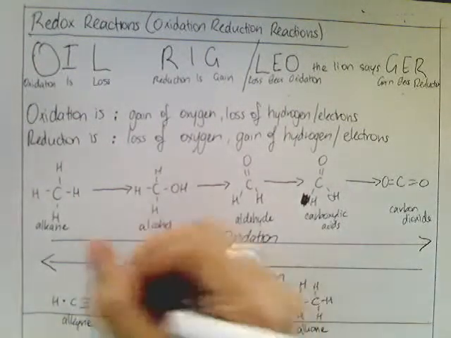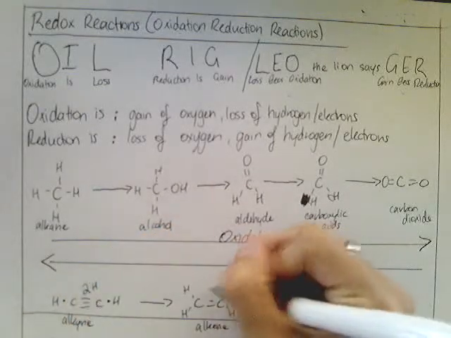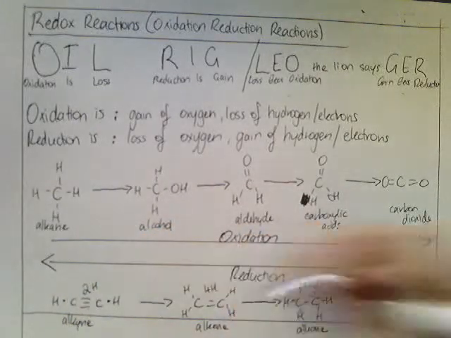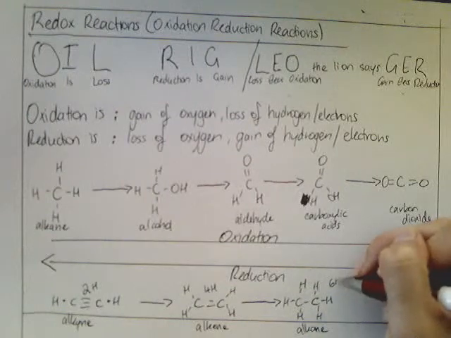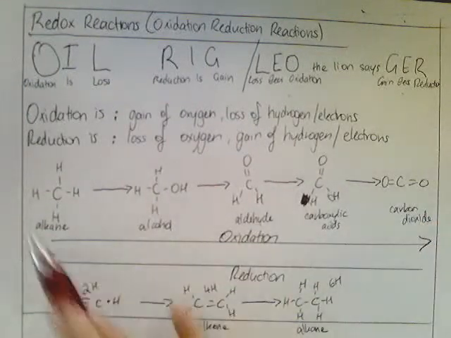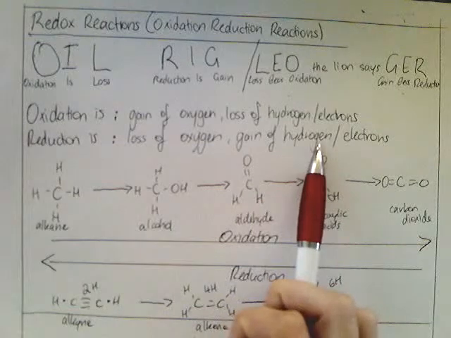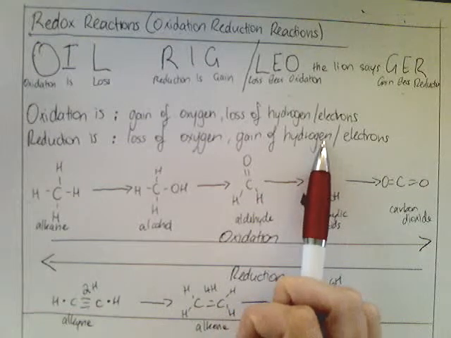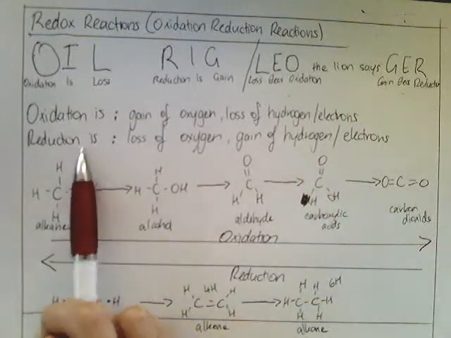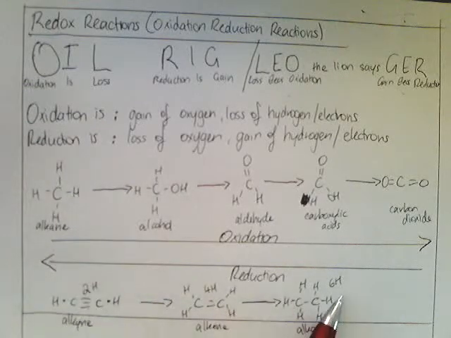So in this one we had 2 hydrogens, this one we have 4 hydrogens, and this one we have 6 hydrogens. So we refer back up to here, and a gain of hydrogen here would be reduction. So that has been reduced. And then if we move the other way, it would become oxidized.